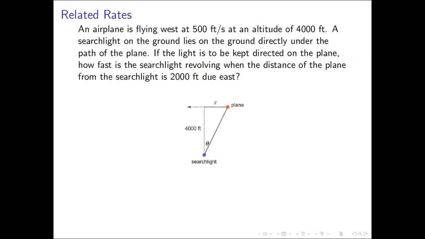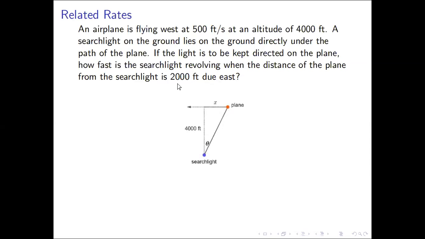Now we are being asked for how fast that angle is changing when this distance between the plane and the searchlight is 2,000 feet due east. It's not talking about this hypotenuse, this distance.